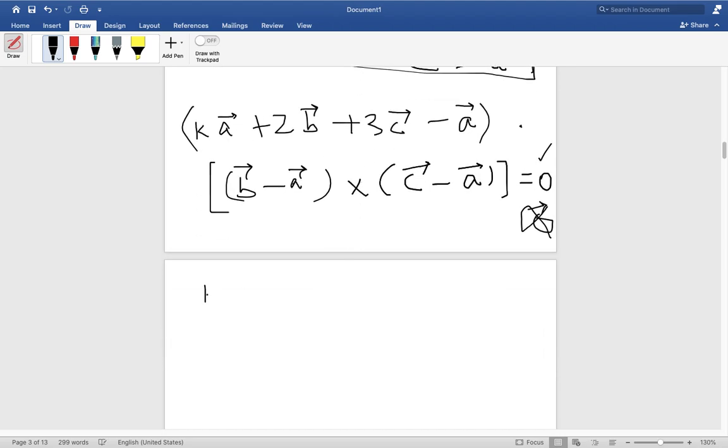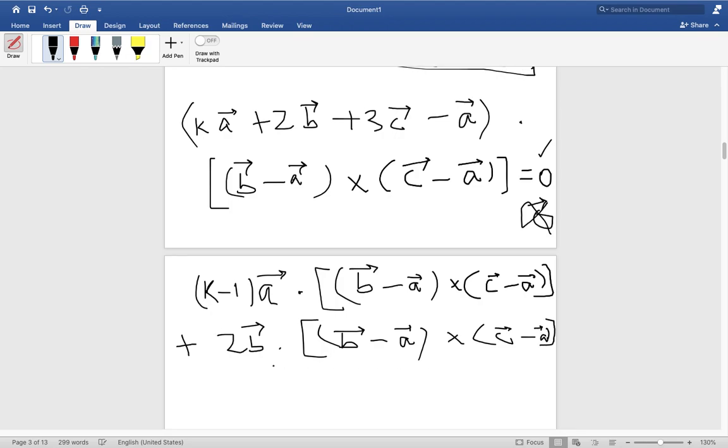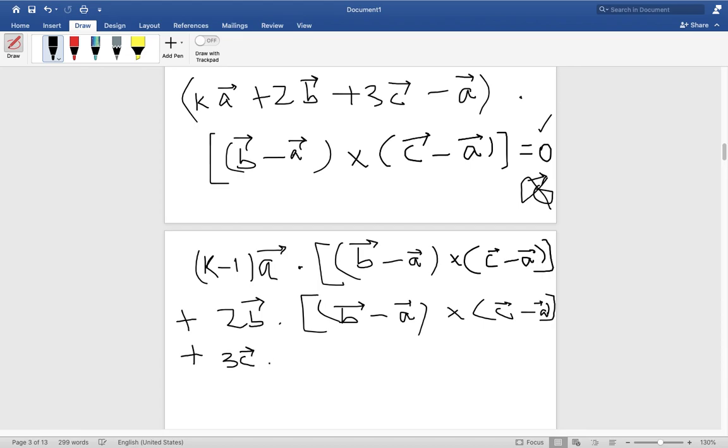So what is this? (K minus 1)a dot (b minus a) cross (c minus a), plus 2b dot (b minus a) cross (c minus a), plus 3c dot (b minus a) cross (c minus a) is equal to 0.